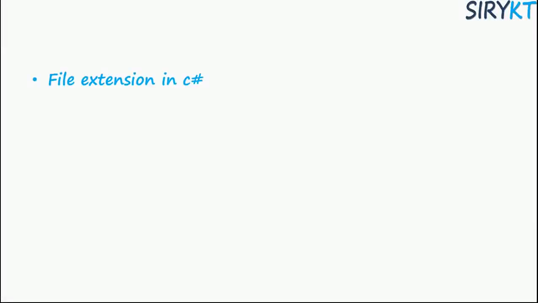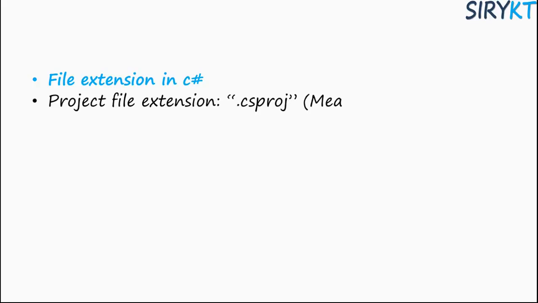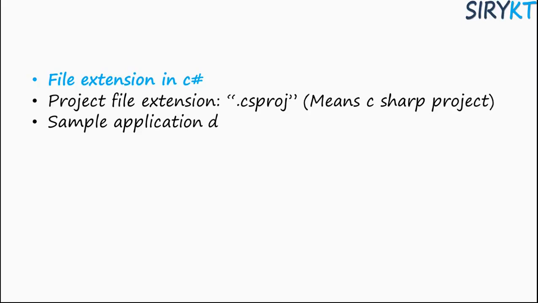The file extension in C# is as follows. The project file extension is .csproj, meaning C# project.